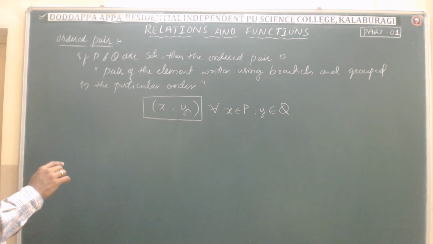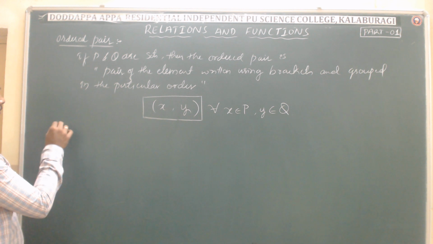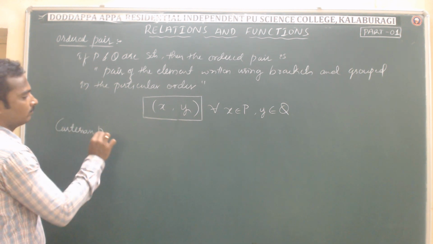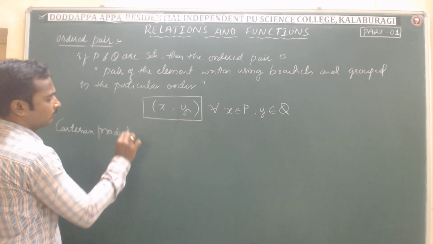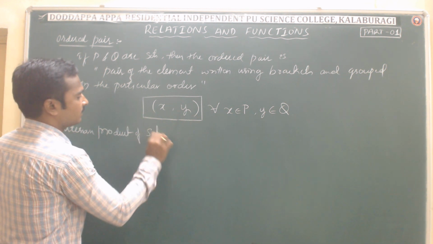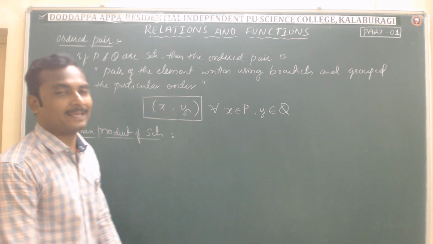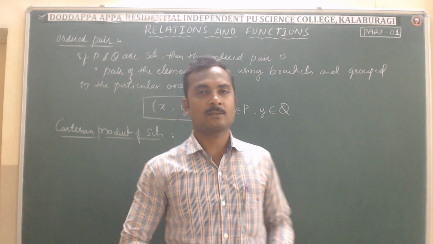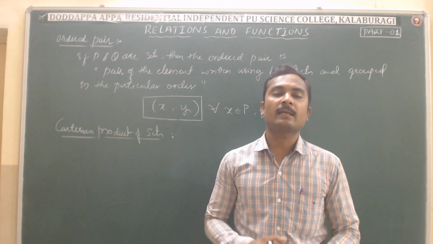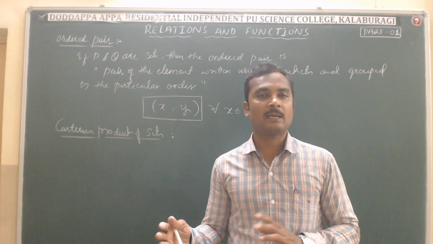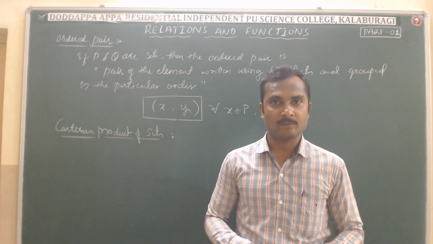Next we will study what is the Cartesian product of two sets. Cartesian product of the sets. Okay. So basically the Cartesian product of the sets is nothing but the number of relations from one set of elements to another set of elements.